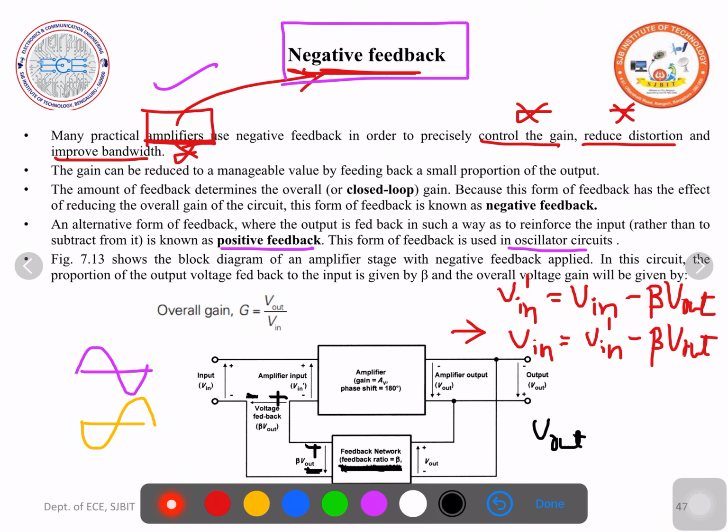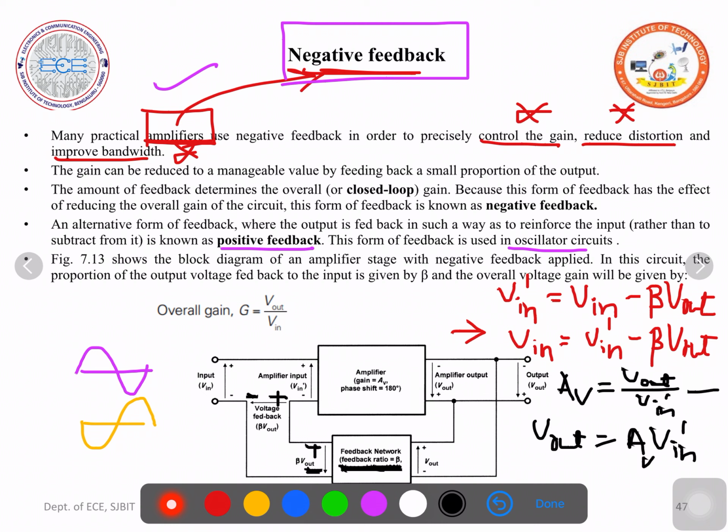V out is equal to A into V in dash. Output voltage is equal to gain times V in dash. Here they have taken AV, so let us also take AV into V in dash. AV is the voltage gain, equal to output voltage V out divided by the input voltage of this amplifier, that is V in dash.